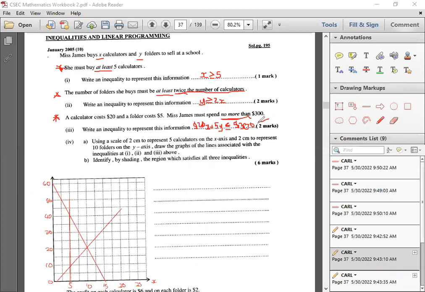Whenever you get equations like these, you try to simplify them. When we simplify this, we get 4x, because we're going to divide by 5. 4x plus y is less than or equal to 60.